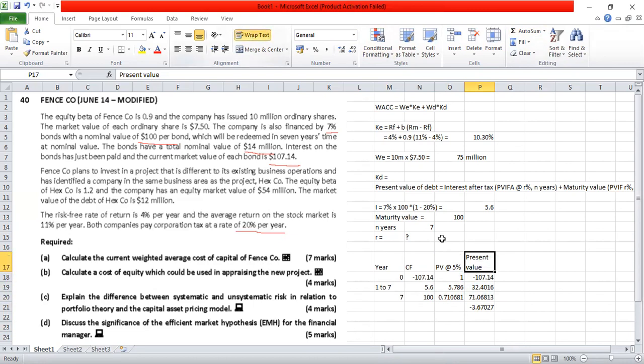If we are not getting exactly 0, then we have to change the discount rate, because we've assumed 5%. We have discounted it more than the investment amount, the present value at year 0 of which is 107. But when we have discounted the cash inflows, they are more than 107. That's why we are getting a negative figure.